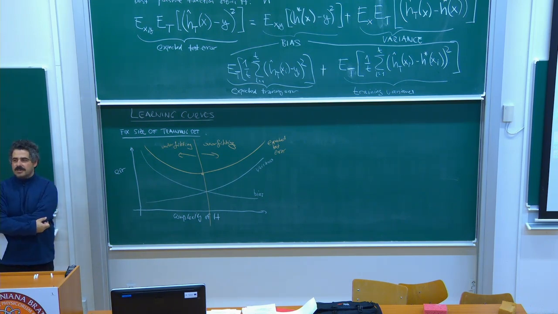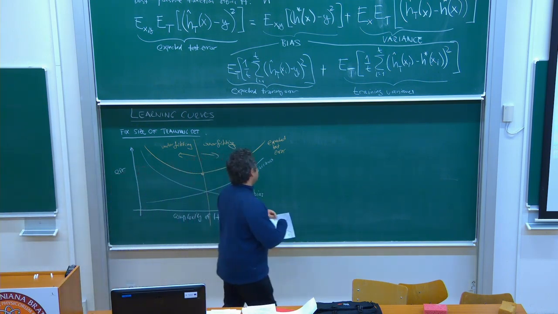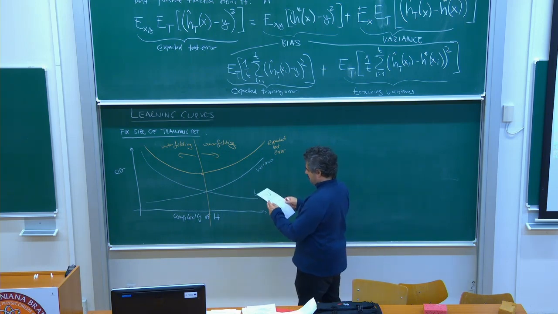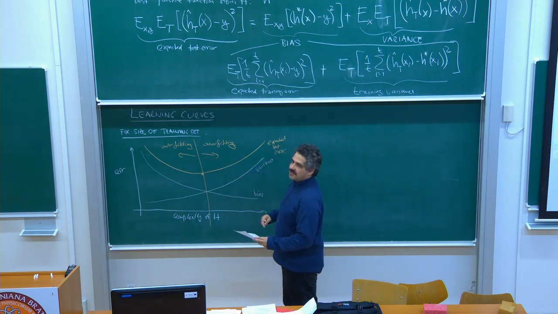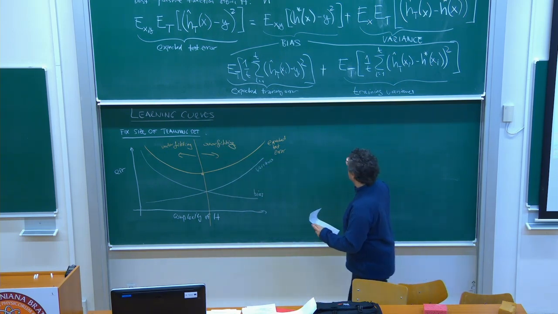Okay, any questions about this? The other picture that we had last time was about, so before we had a fixed training set, now we have a fixed hypothesis class.